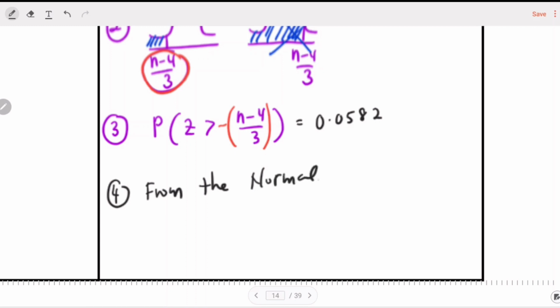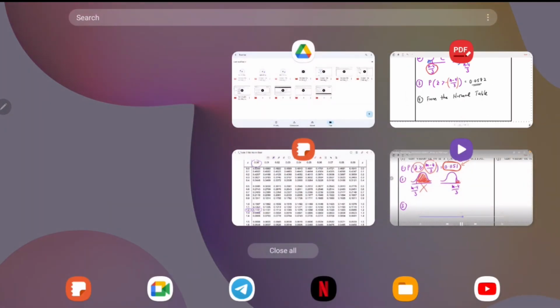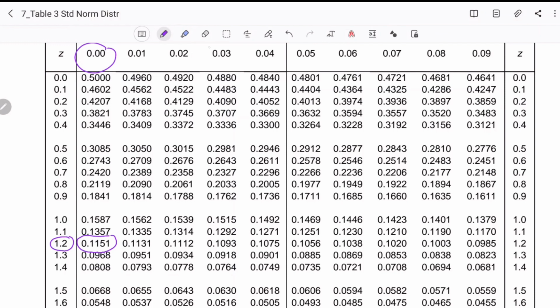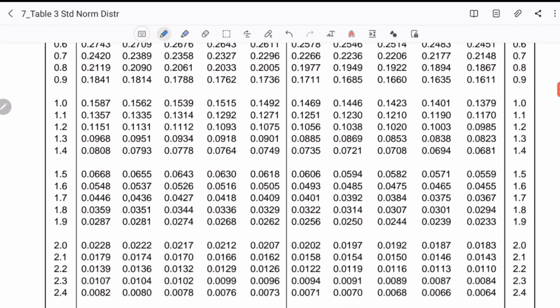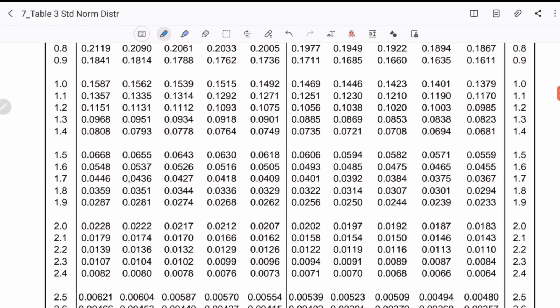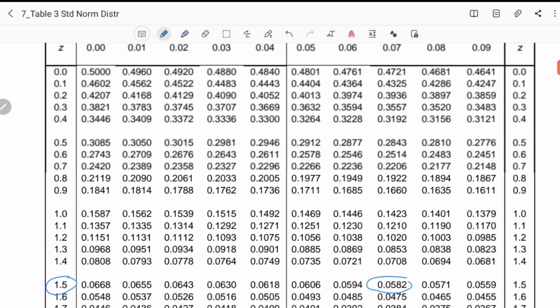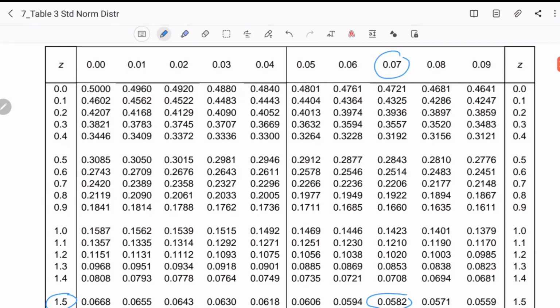Take a look at the normal table to find the probability given, 0.0582. 0.0582 should be somewhere here. So the value is 1.5 for the first decimal, and then the second decimal is 0.07.